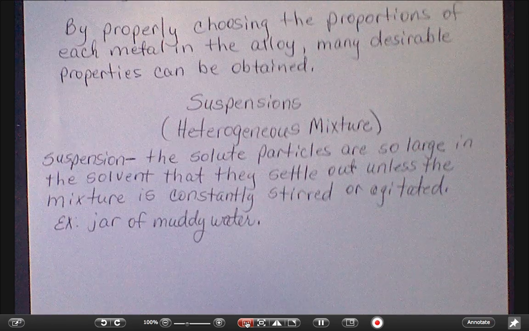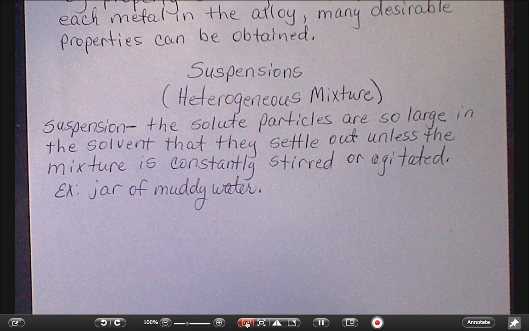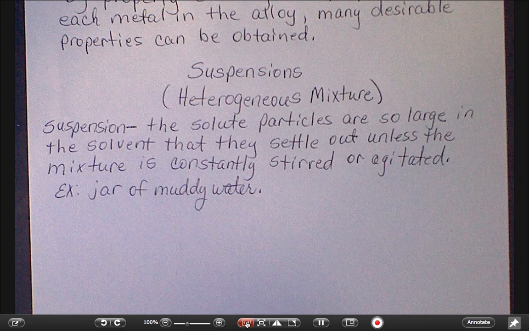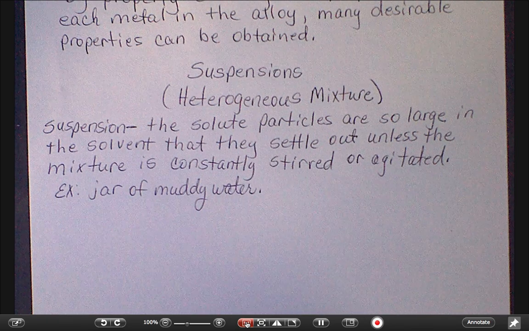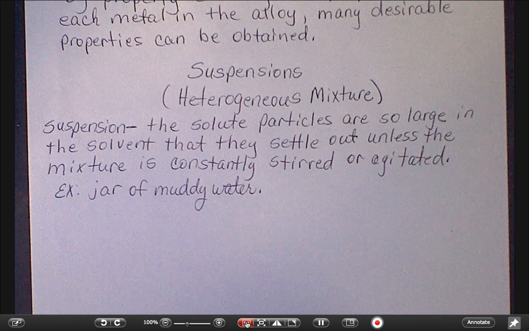Okay, as long as you keep shaking the jar, everything will stay suspended in the water, right?